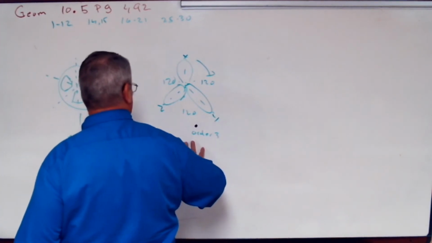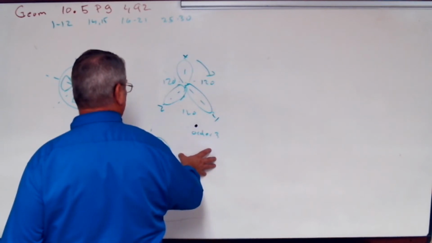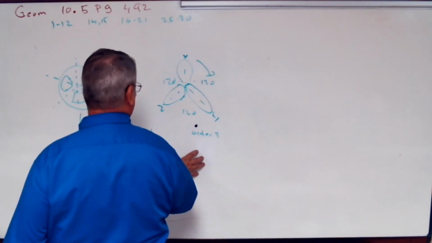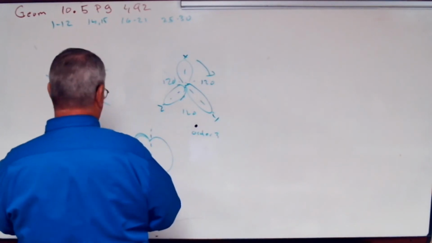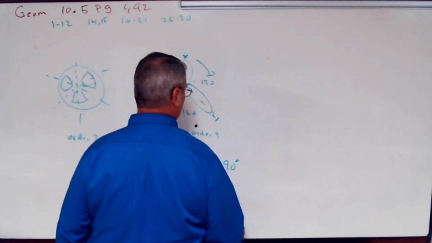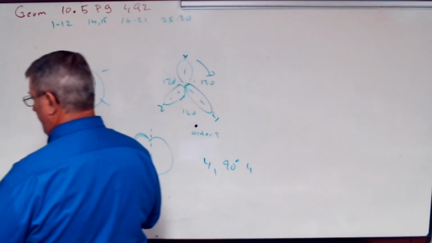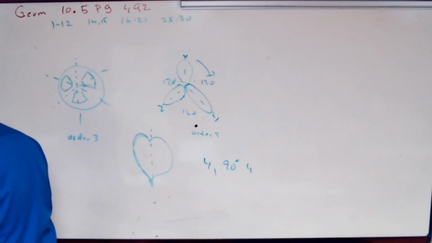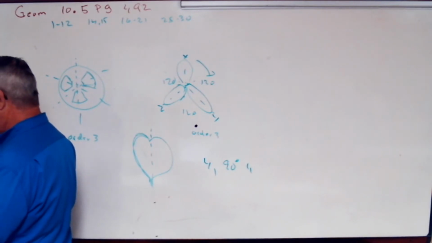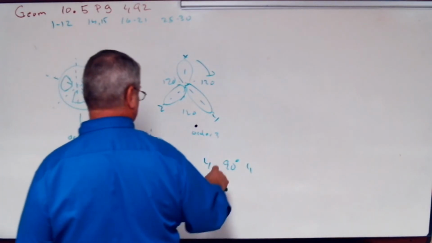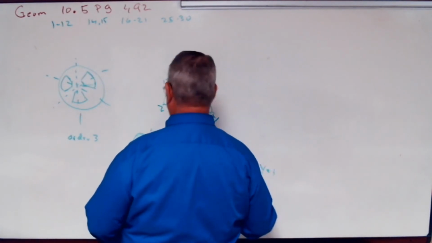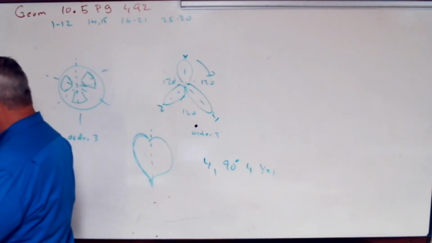The first time you turn it is 90 degrees, and it's back on top of itself. 90 degrees, 90 degrees, 90 degrees. 90 degrees is the magnitude. 4 is the order of rotational symmetry. And does it have point symmetry? Yes, because the center is what it rotates about. So it's a yes. All right, that's what you're going to do with each one of those.